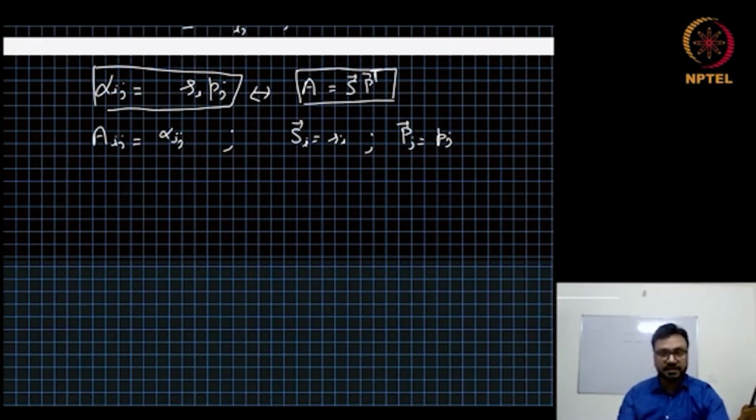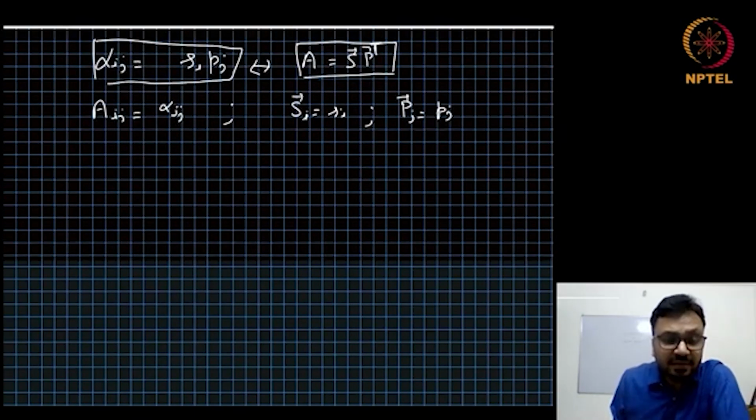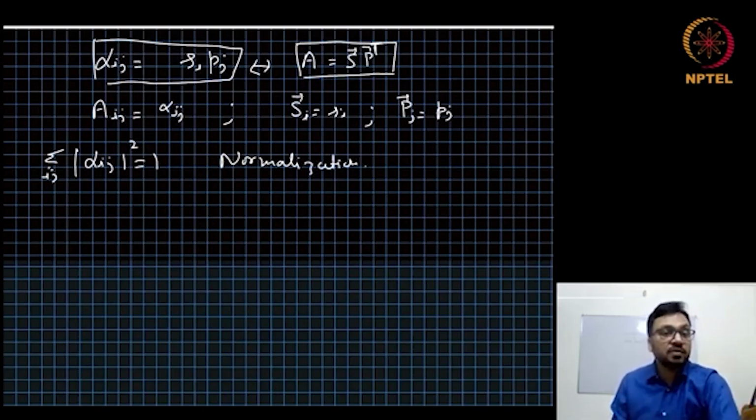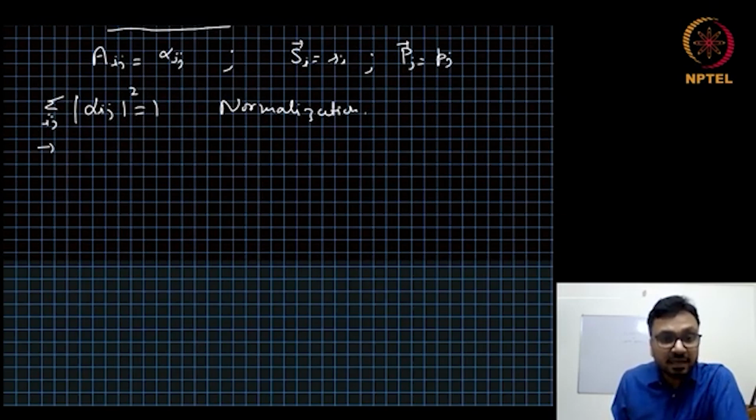So these two statements are identical: alpha ij being si pj, and the matrix A being S times P transpose. Now, what is the condition on alpha ij for it to represent a state psi? The condition is that the sum over ij of alpha ij mod squared should be equal to 1. That is the normalization. Other than that, there is no restriction on the choice of alpha ij. So in that way, A is arbitrary.